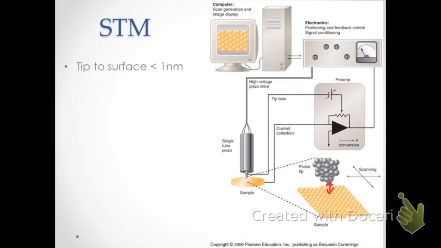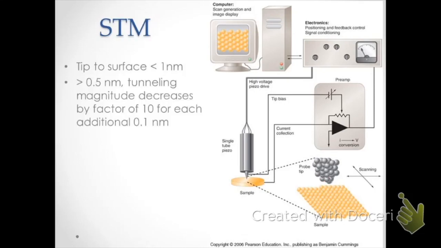The scanning tunneling microscopy system will monitor the current as the probe passes over the surface. Typically, the current depends on the distance of the tip to the surface. As the distance increases, the tunneling current will in fact decrease, and that's monitored by the electronics.